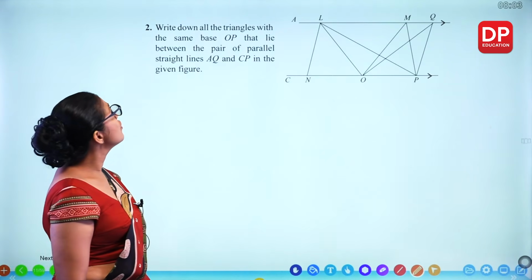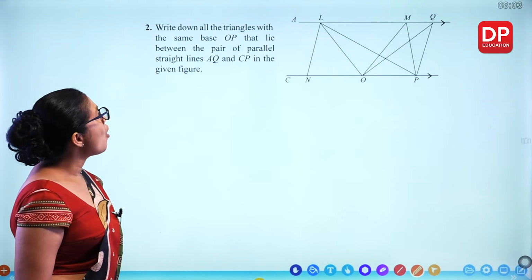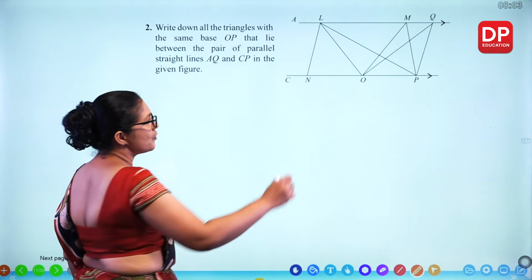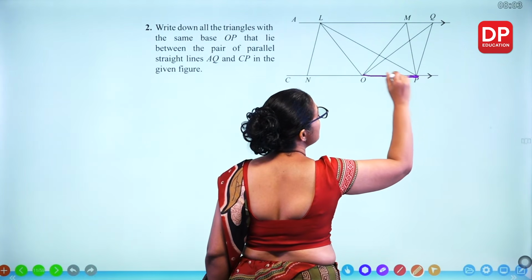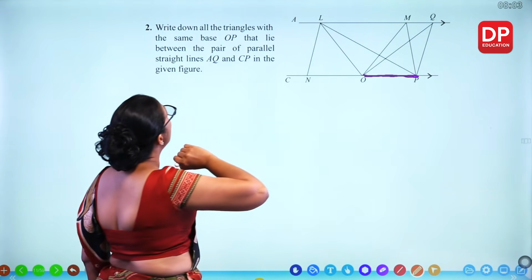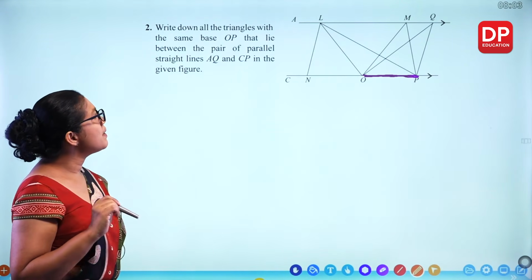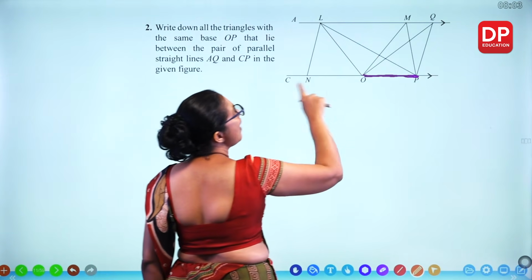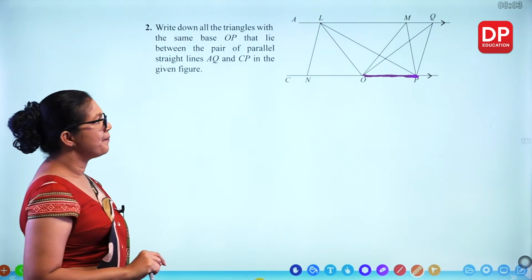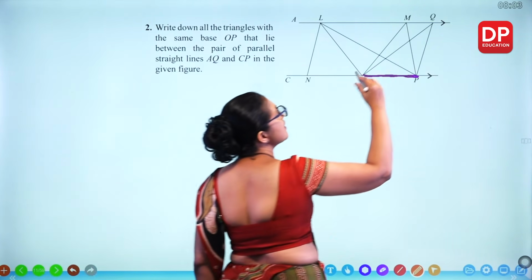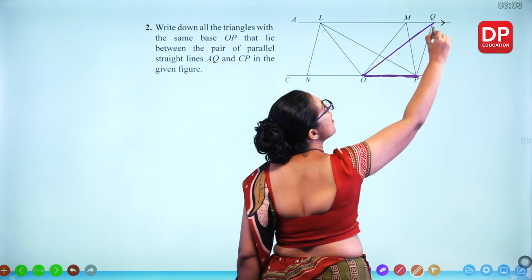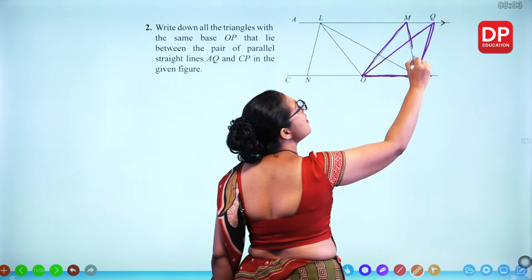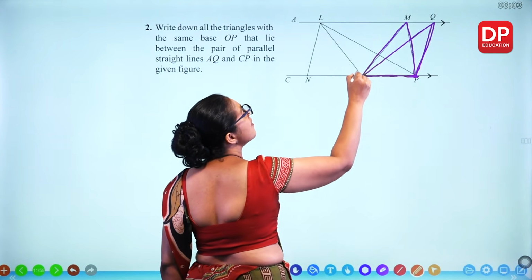Now look at question number 2. Write down all the triangles with the same base OP that lie between the pair of parallel straight lines AQ and CP. What are the triangles? Can you see? This is one triangle and this is another one. What's the third one?